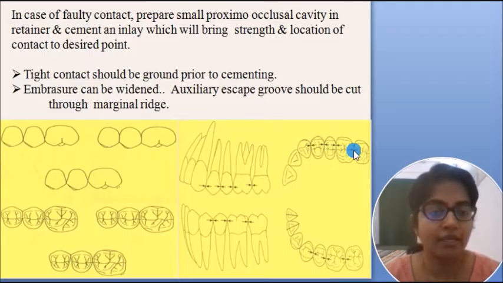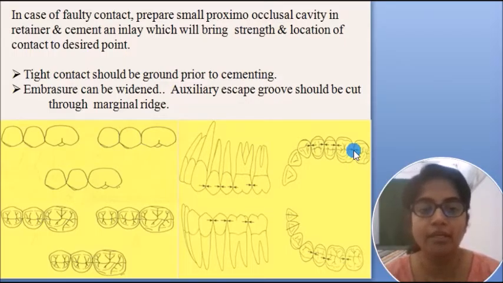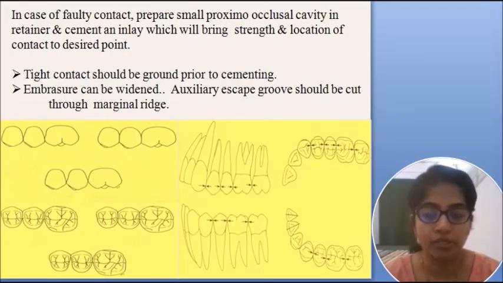So we should be very careful regarding the location of the contact, the thickness of the connector and the subsequent embrasures, gingival and occlusal embrasures. They should be properly carved and properly made so that there is no food accumulation.